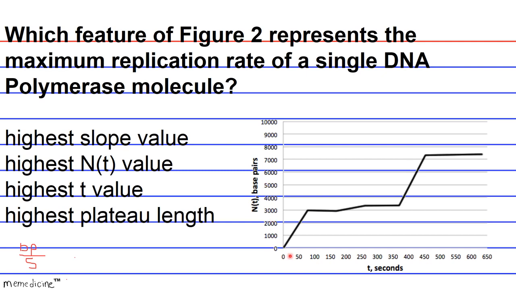And the x-axis, T, is the number of seconds that have passed. To find the number of base pairs per second, you basically would divide the number of base pairs that had been replicated, N of T, by the number of seconds that have passed. So, in other words, the rise divided by the run.